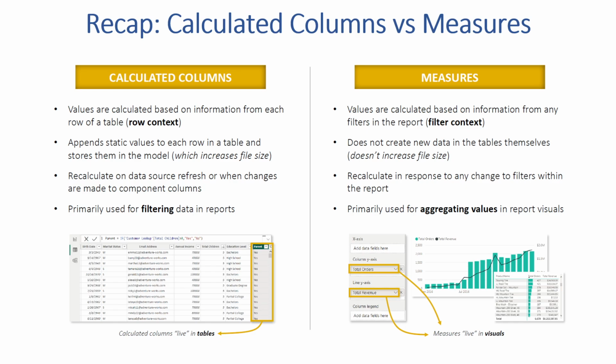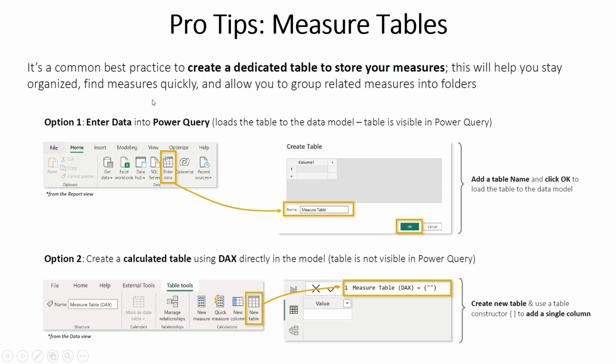A calculated column is primarily used for filtering the data in the report, but a measure is primarily used for aggregation values in the visual. So these are the common tips and differences between calculated column and measure. Let's move on to a different topic today, which is pro tips that we should ideally use.